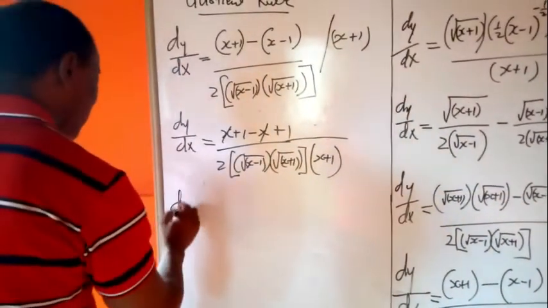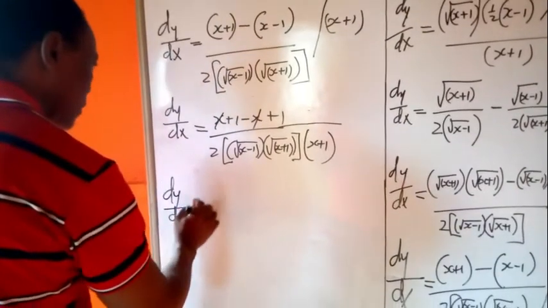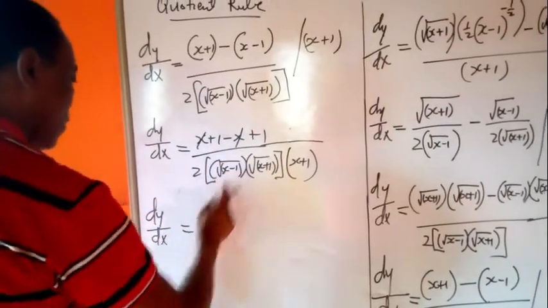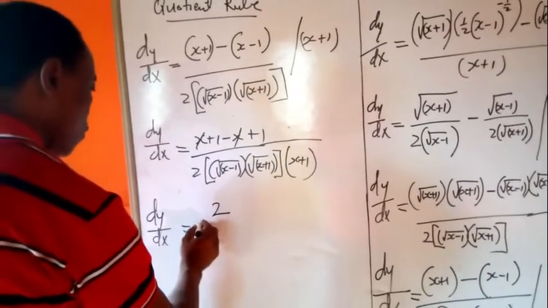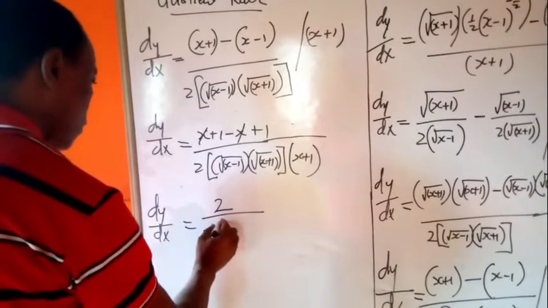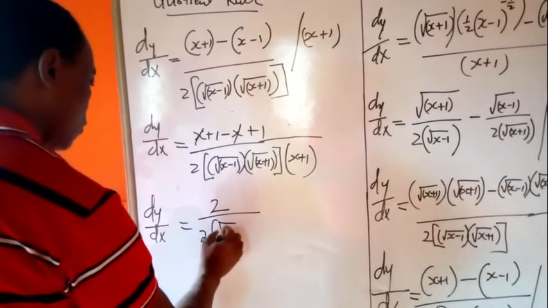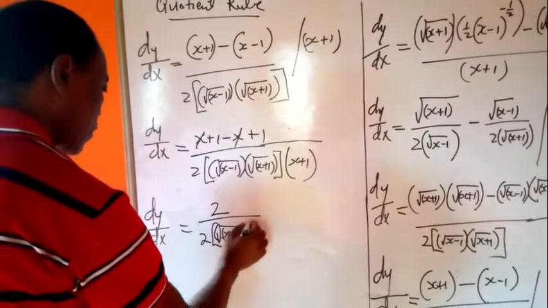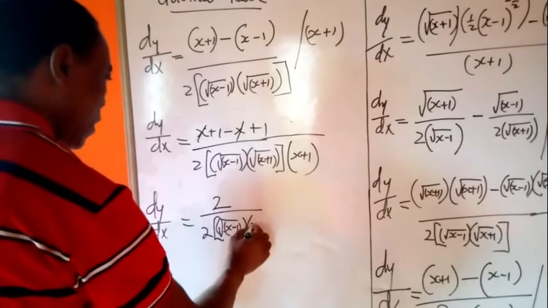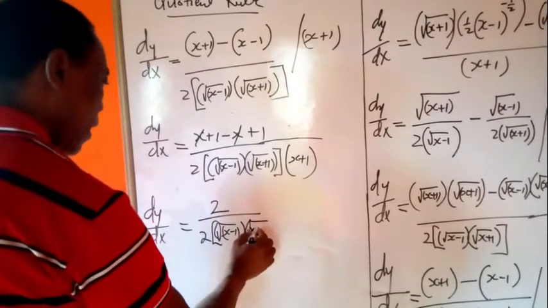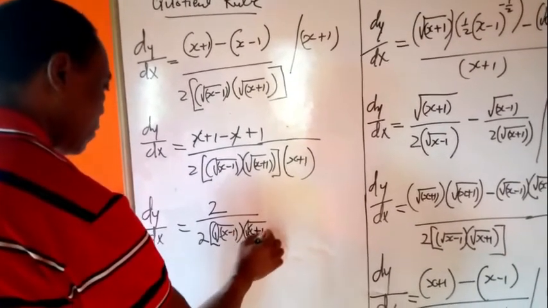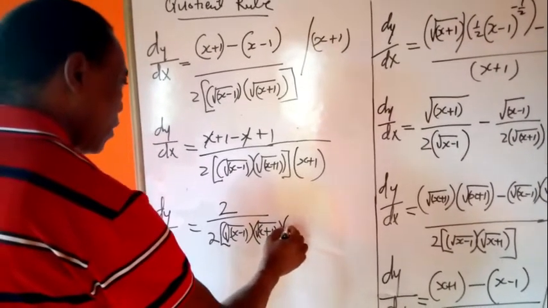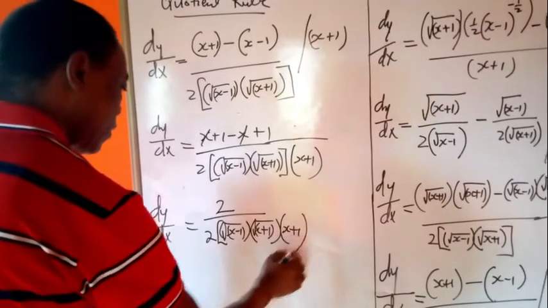So we can now say that dy dx is equal to 1 plus 1 will give us 2, 2 all over 2 into root x minus 1 into root x plus 1 into x plus 1.